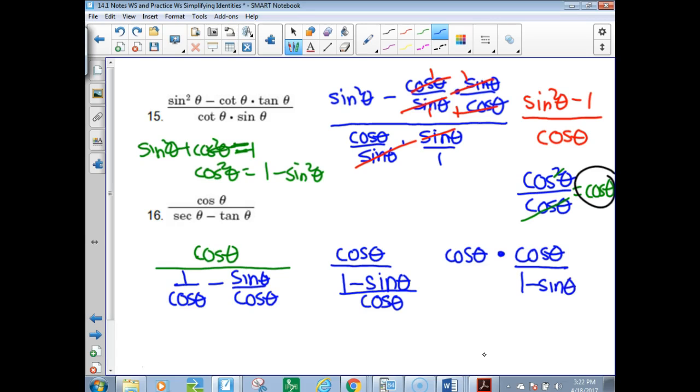And we still have a little ways to go. Cosine times cosine is, yep, cosine squared. So I'm going to come down here to continue the problem: cosine squared theta over 1 minus sine theta.